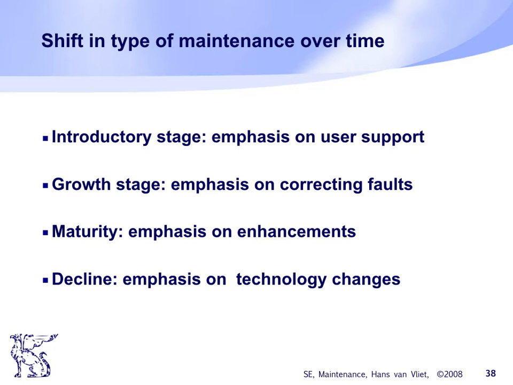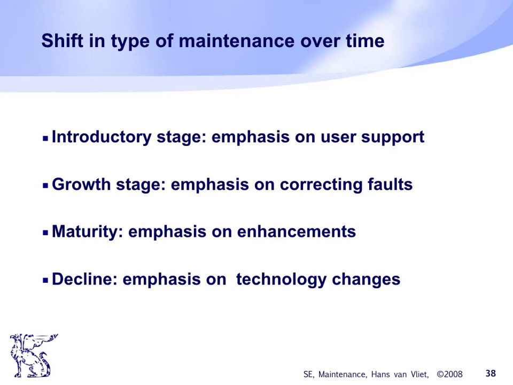So then the maturity stage. Here your users are now mature, they actually know about everything of your system. They have better understanding and better control of the system, what the system can do, what the system cannot do, they already know. So now they will ask for enhancement to the system.